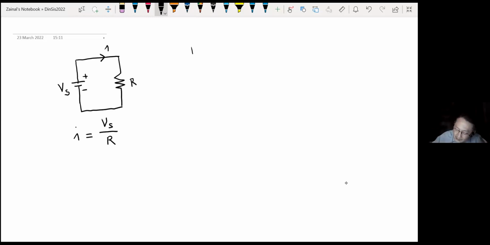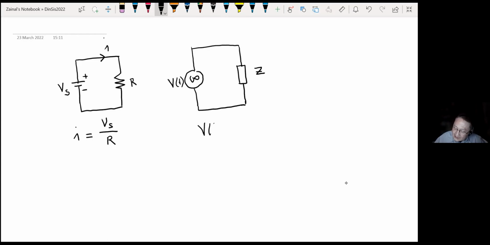Now, if you have something like this, this one is AC, and this one is resistance in the form of impedance, Z. This one is VT, where VT, the voltage at time t, is equal to the amplitude of voltage.